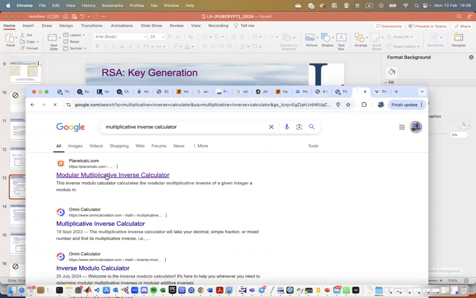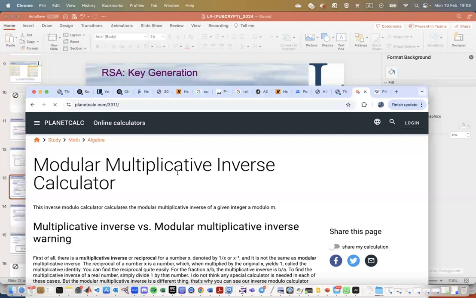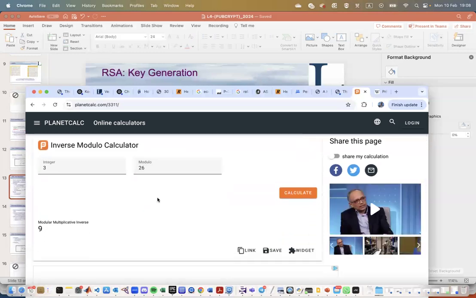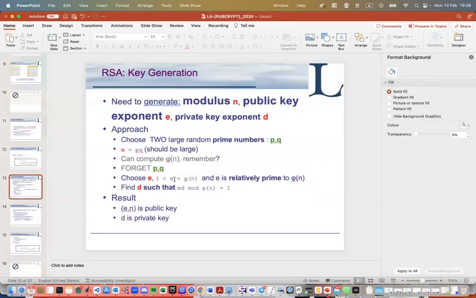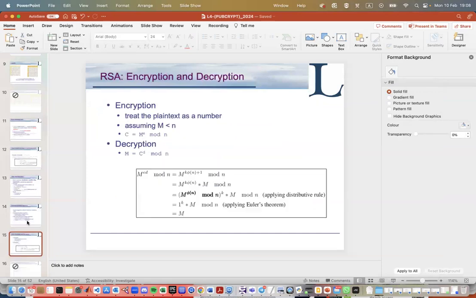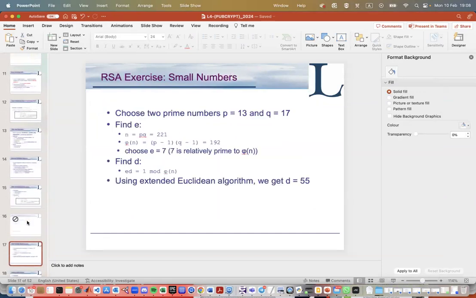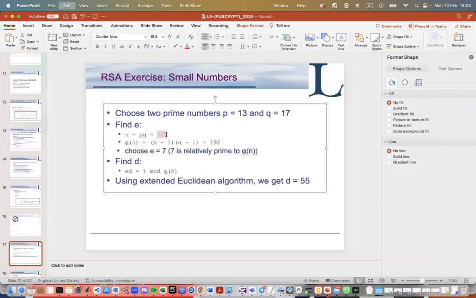For example, this one. So let me use numbers from this example. If we have this example with numbers, we have modulo 221 and E equal to 7. So let's find D, and for this I use an online calculator.